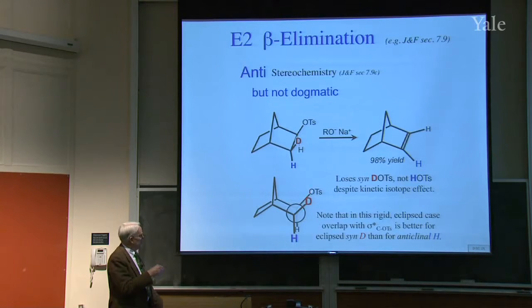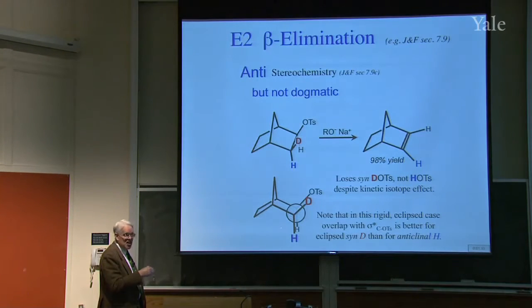That is, as the OTS minus leaves, this vacant orbital is able to overlap well and stabilize the sigma orbitals in this bond, so it takes away those electrons and D plus leaves. So the eclipsed D is better than H, which would be better if it could be anti, but this framework doesn't allow it to be anti.